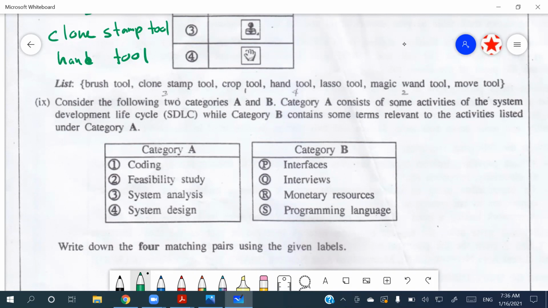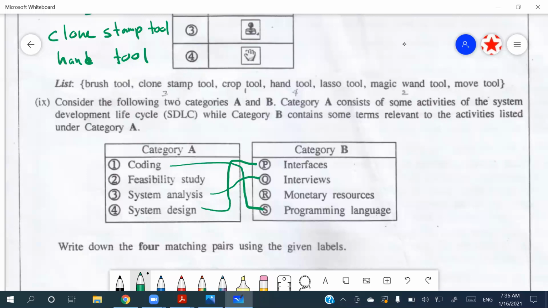In your book, you don't have anything called feasibility study, but you have the other 3: coding, system analysis, and system design. When it comes to coding, it goes with the programming language. When it comes to system analysis, you are going to do the interviews. And when you are doing system designing, you are going to design the interface.